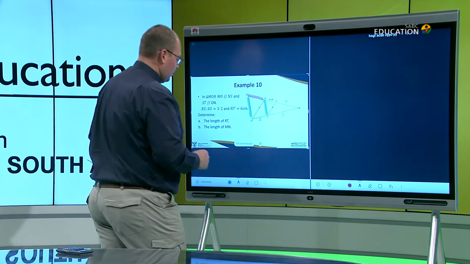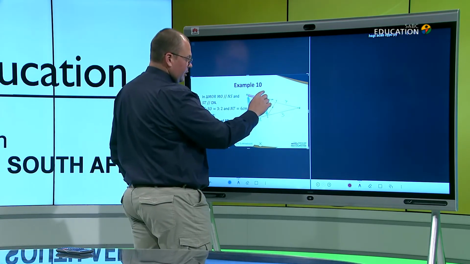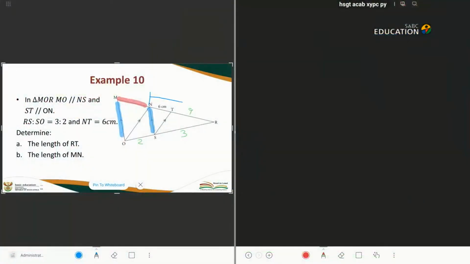So now you must realize that I can determine the length of NR because I know NT is 6 and TR is 9. If I add 6 and 9 together, it gives me a length of 15 centimeters. And I've still got the same ratio for RS and SO that I can use.